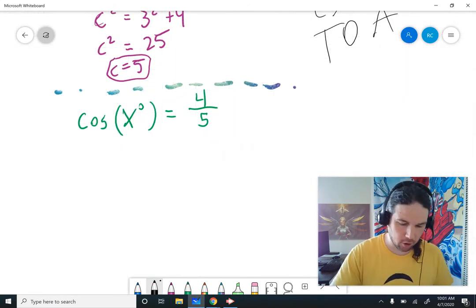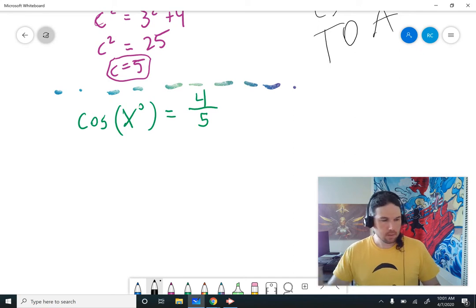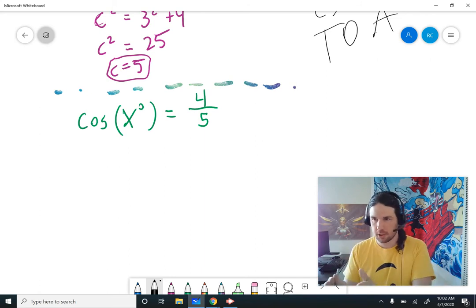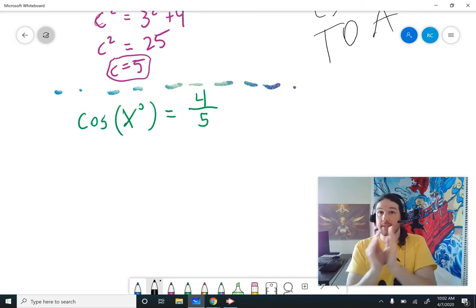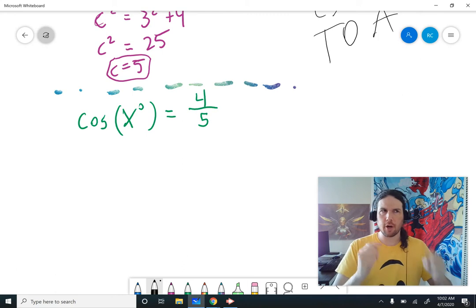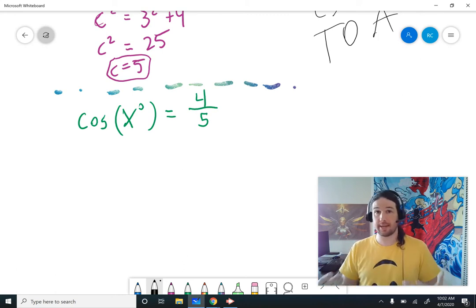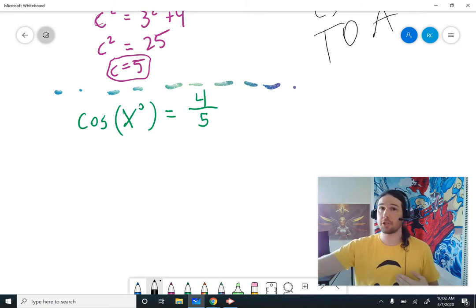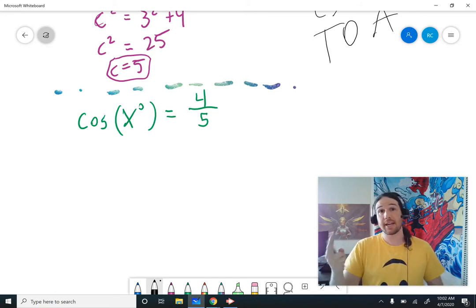Now, from here, we have to uncosine both sides, right? We have a ratio, but what we need is the angle. So cosine doesn't do what we need it to do right now. Cosine takes an angle and it spits out a ratio. What we need is the anti-cosine.